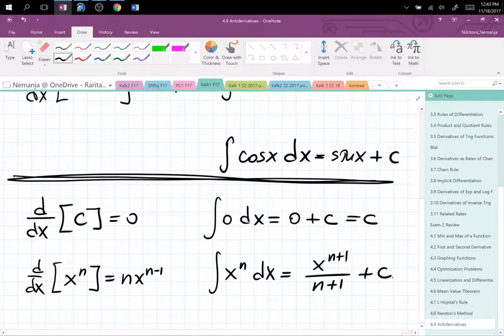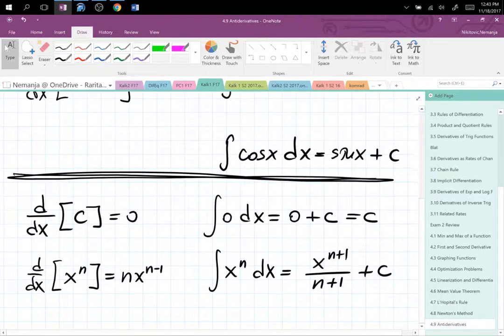So if I differentiated this, I would get x to the n as the answer. But I'm integrating x to the n, so everything is shifted by plus 1. Now, for those of you more interested in mathematics, I would challenge you to sit at home and pound on this a little bit to get those formulas to match like everything else on the chart.